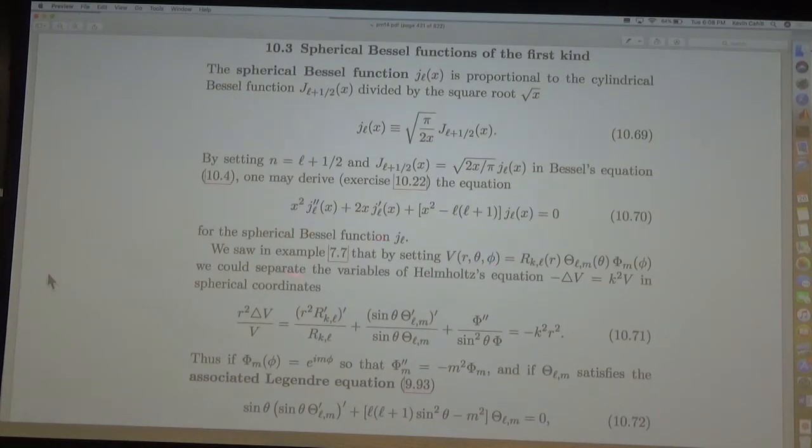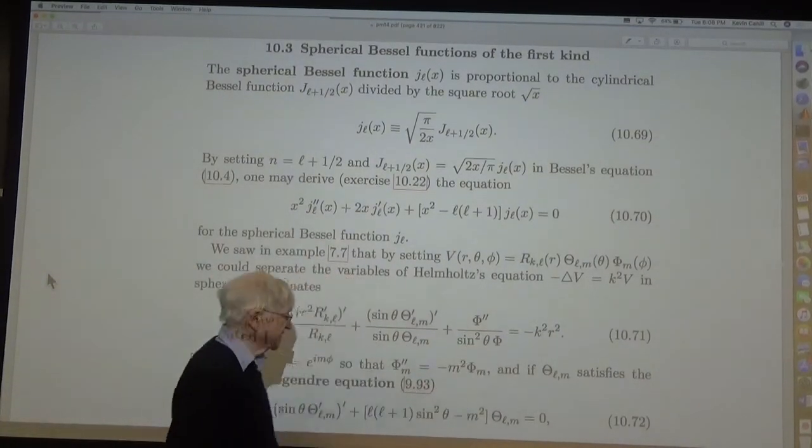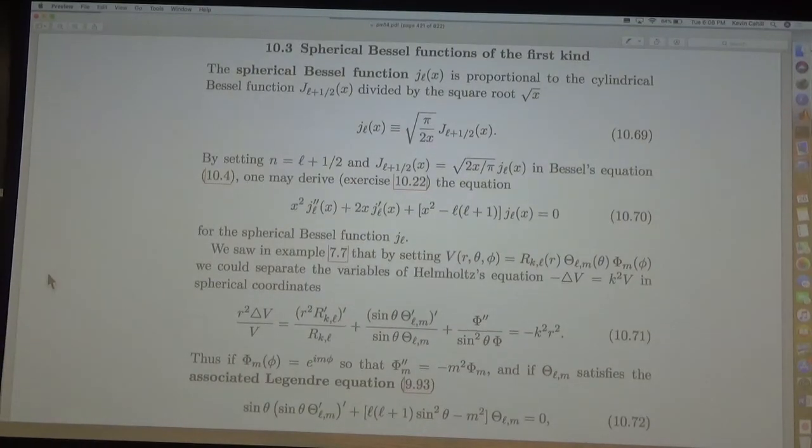So we saw earlier that if you take Helmholtz's equation and go to spherical coordinates, the thing separates, and so you can rewrite Laplacian of v over v as this expression. It has to be minus k squared r squared, and that gives you a term involving r, a term involving theta, a term involving phi. So you set phi equal to e to the i m phi.